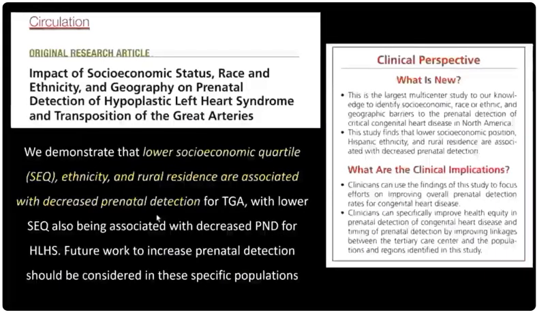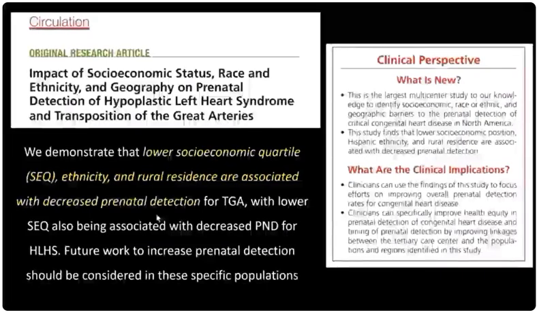Also, I would like to draw your attention that the detection rate is highly related to socioeconomic factors, and there is increasing evidence in the literature that detection of major cardiac disease, such as transposition and hypoplastic left heart syndrome, is significantly decreased based on these factors. So it is really important to have good access to care in your community for all categories of patients.